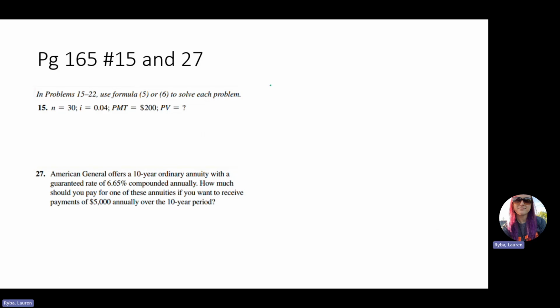So we start with this first one here. Present value equals, I want to be able to withdraw $200. The interest rate on the account is 4%, and I want to make 30 $200 withdrawals. So 1 minus 1 plus 0.04 to the negative 30 all over 0.04.